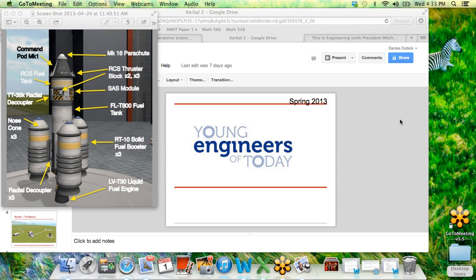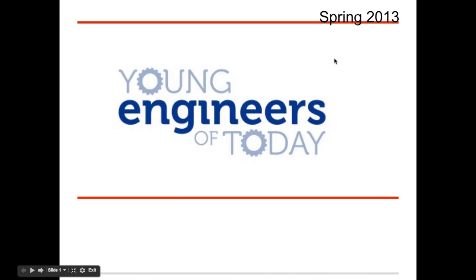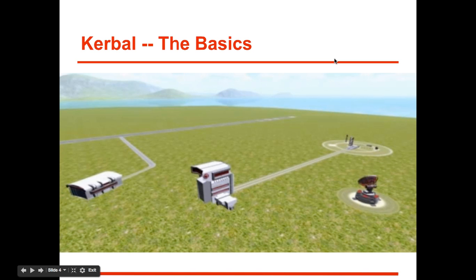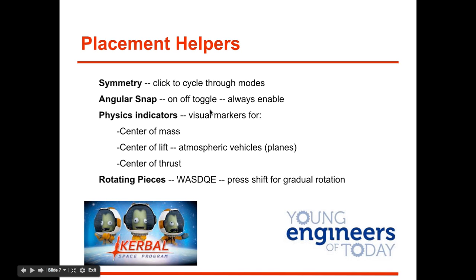So today we'll go at your own pace. I know some people need to build this and some people already have. First we're going to quickly overview some of the basics. We're going to be working in the vehicle assembly building where we build rockets, and we're building that rocket designed by Senshi to get us to space.